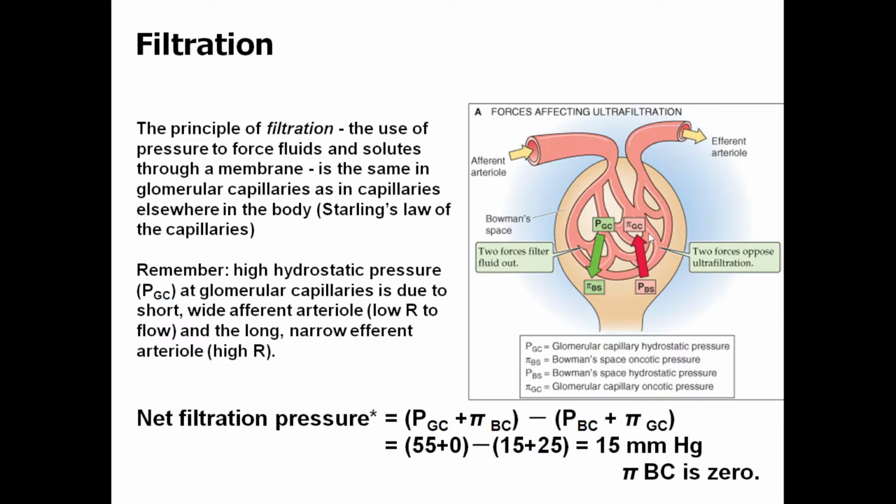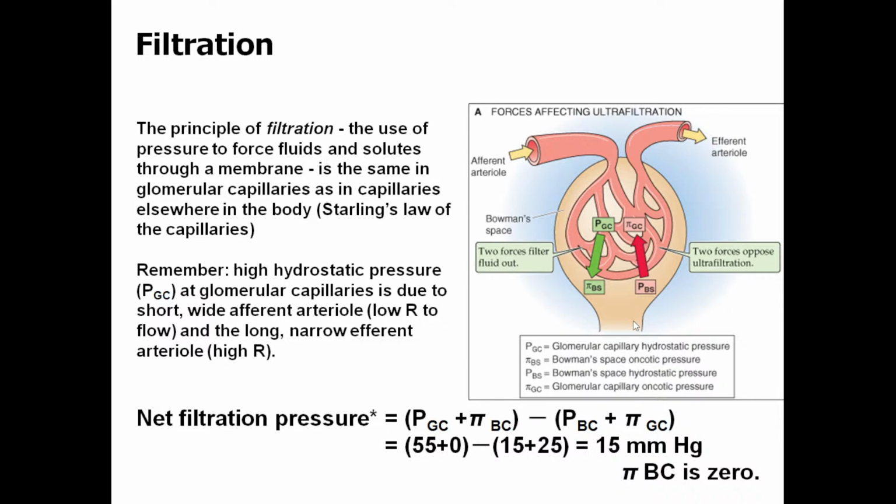So in the end, you have one force which will provide the filtration. That's the glomerular hydrostatic pressure of the glomerular capillaries. And because I said that no proteins are filtered, oncotic pressure of the Bowman's capsule, as you can see, will be equal to 0. So we are not considering this force under normal circumstances.